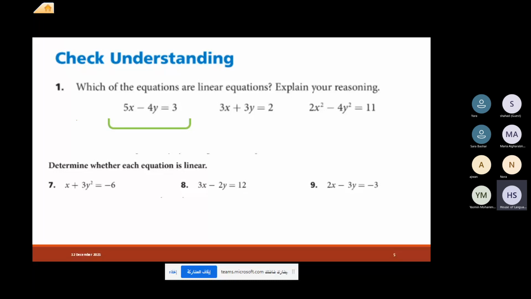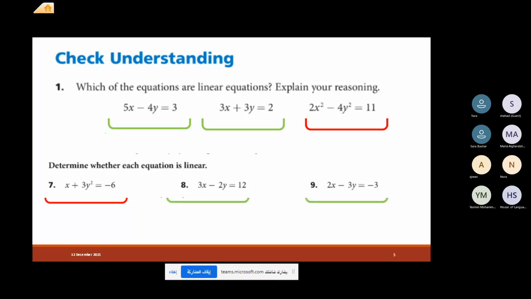Mayar, the second one. It's linear. Bravo. Nada, the third one. Not linear. Serene, number 7. Not linear. Bravo. Ranim, number 8. Linear. Amwaj, number 9. Linear. Bravo.